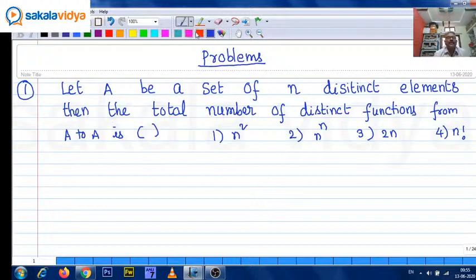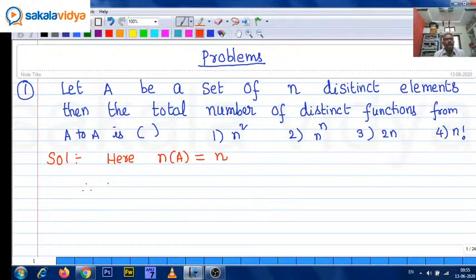So here, solution. Here n of A, the cardinality of set A, is n, distinct.